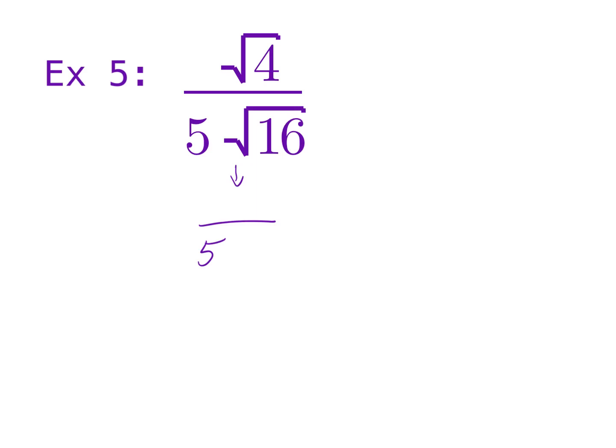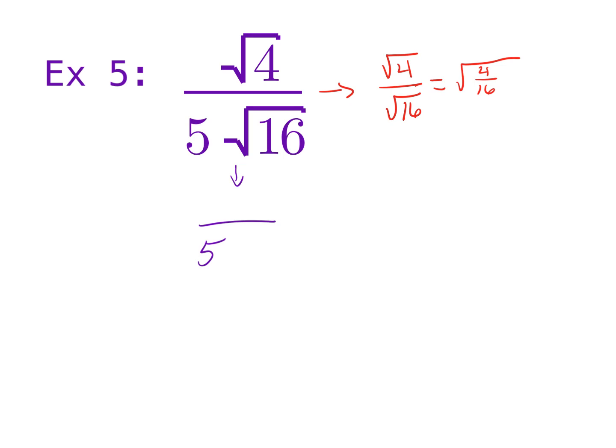So I'm going to break it out to the side here. Square root 4 divided by square root 16. And remember, we talked about this on the first slide, that's the same thing as making 1 radical and doing 4 divided by 16, right? Y'all remember that from that first slide?